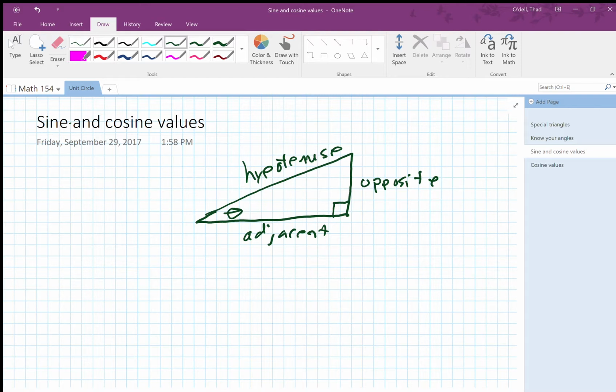So in our understanding of sine and cosine, the cosine of an angle is equal to the adjacent side divided by the hypotenuse.